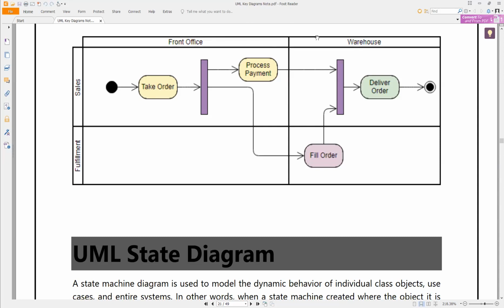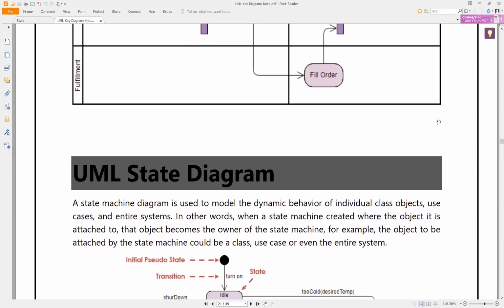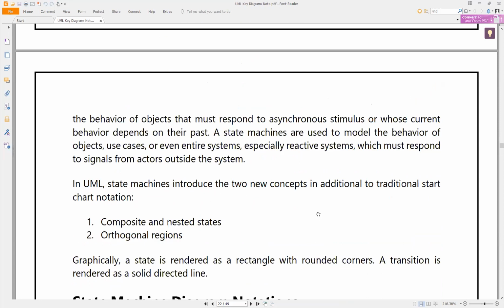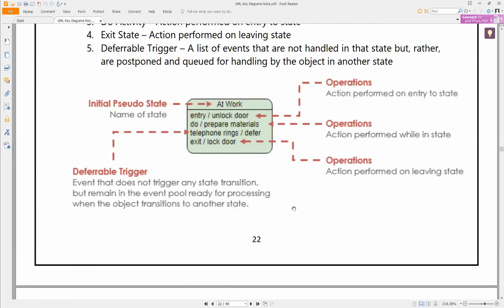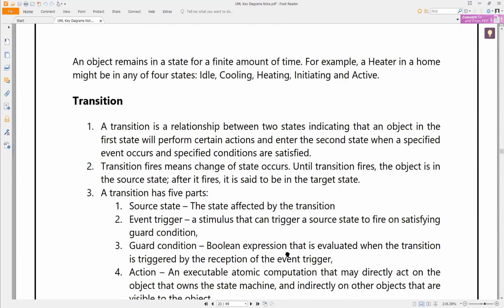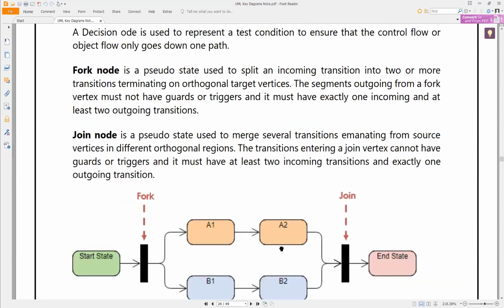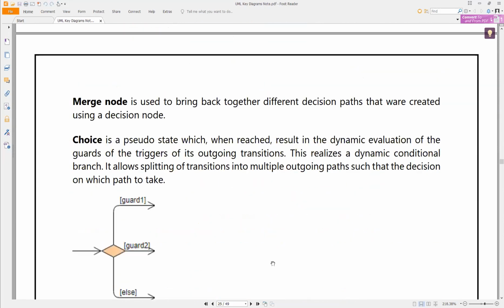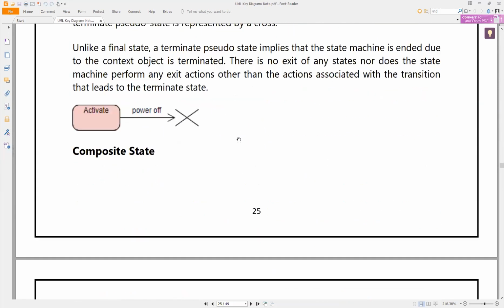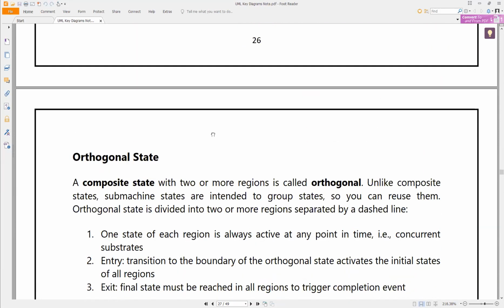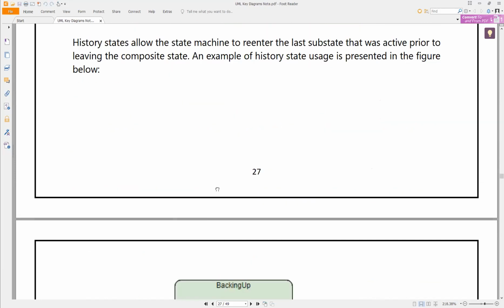Okay, so guys, are you there? Next time we can look at a state diagram. Let me check the other diagrams. State diagram, oh, it's a lot for state diagram.